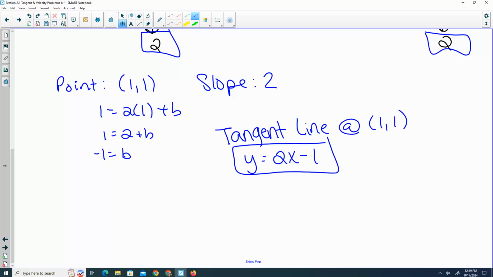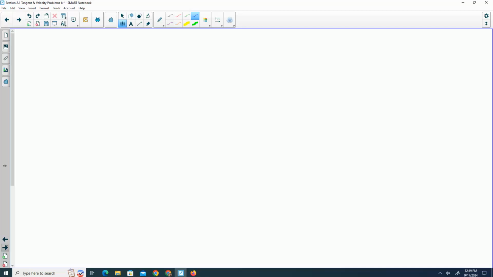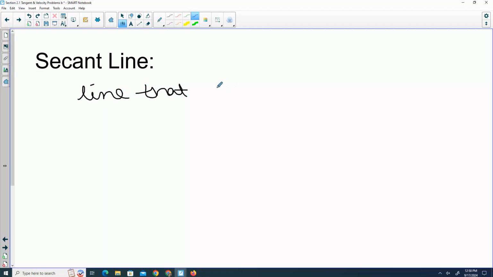What we just did is use a secant line to find our tangent line. So we said a tangent line only hits it once. A secant line is just any line that intersects a curve more than once.